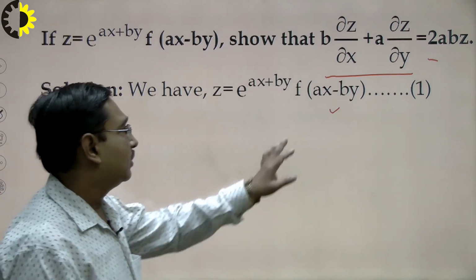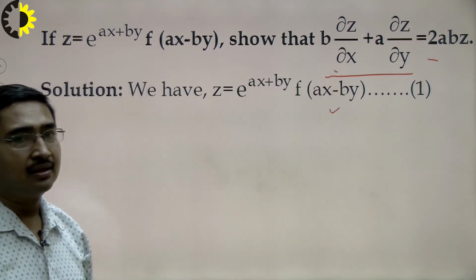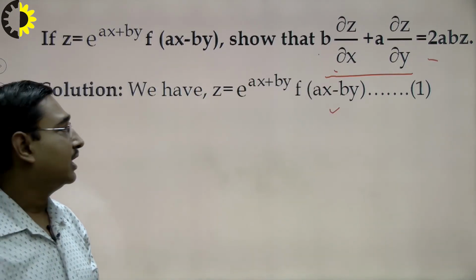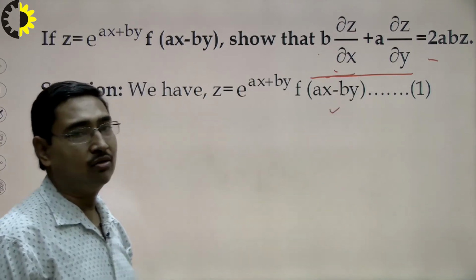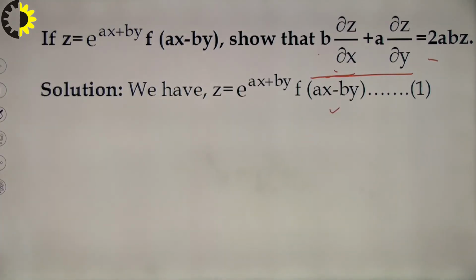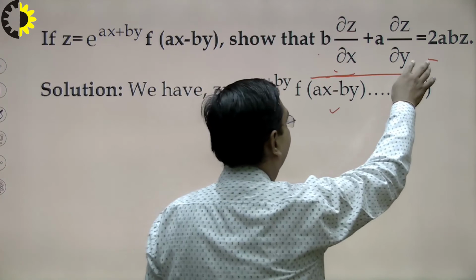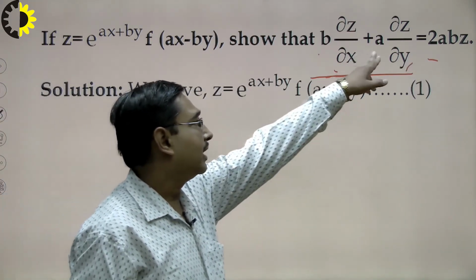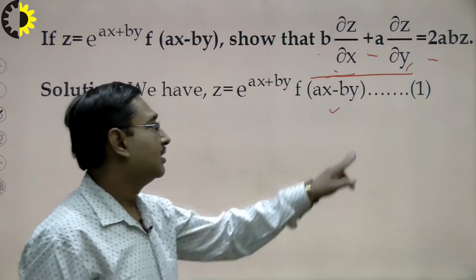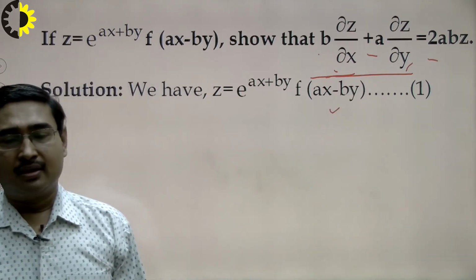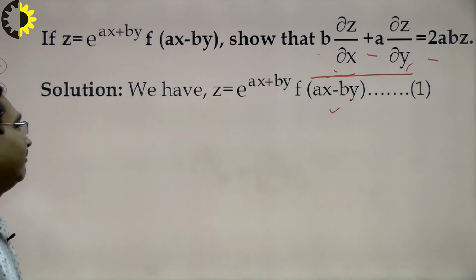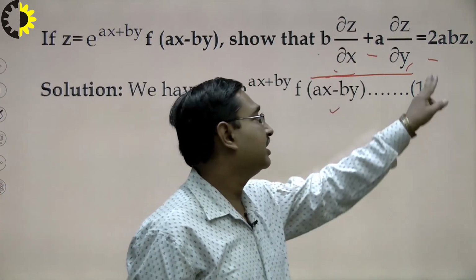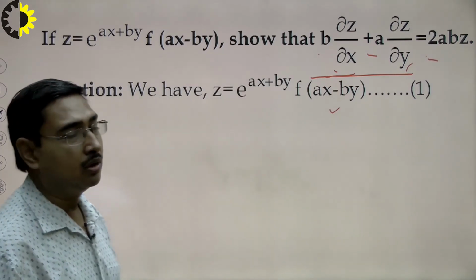I shall first calculate del z over del x, then multiply the result by b, so that b del z over del x is calculated. Then I shall calculate del z over del y, and the result will be multiplied by a, so that the second term is calculated. The two equations so obtained will be added, and after simplification we shall try to prove it equal to twice abz.